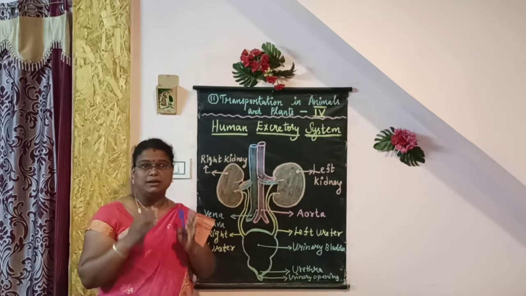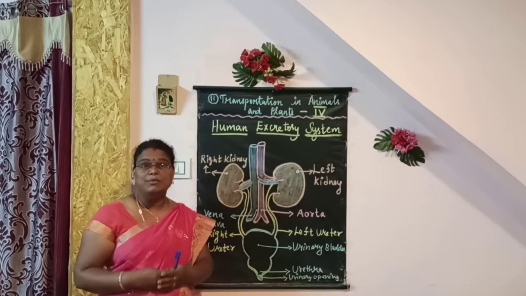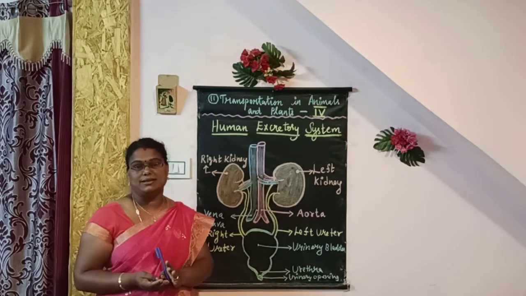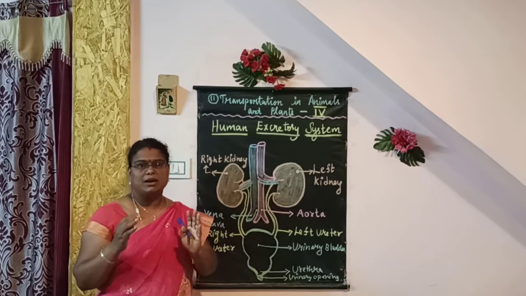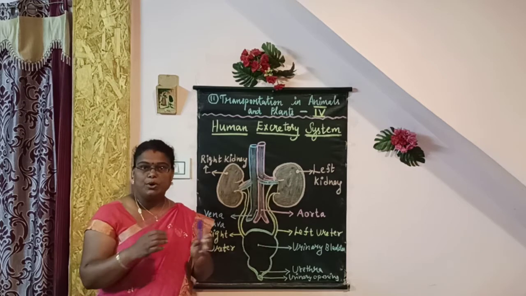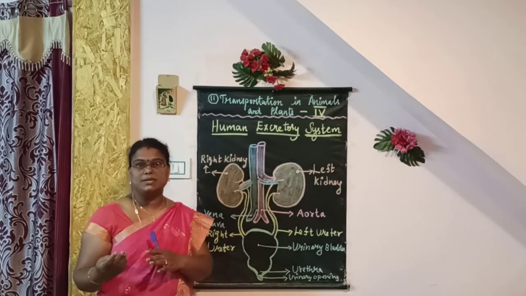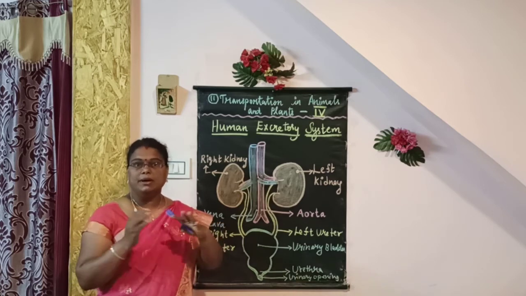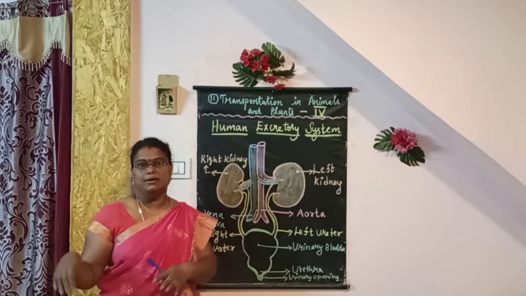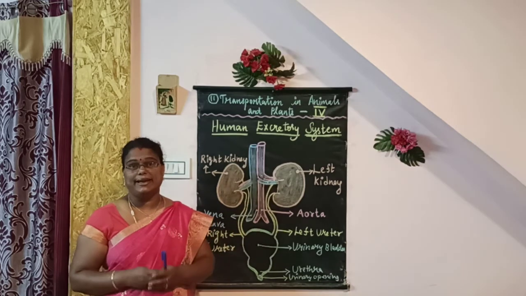In case this happens, it is managed by an artificial kidney called dialysis. Dialysis is a machine-like setup which collects the impure blood, segregates the toxic substances, sends the purified blood back into the body, and collects the urine. So this is called dialysis.